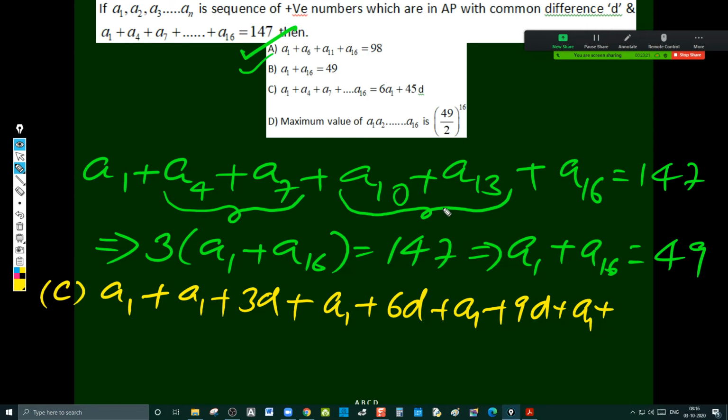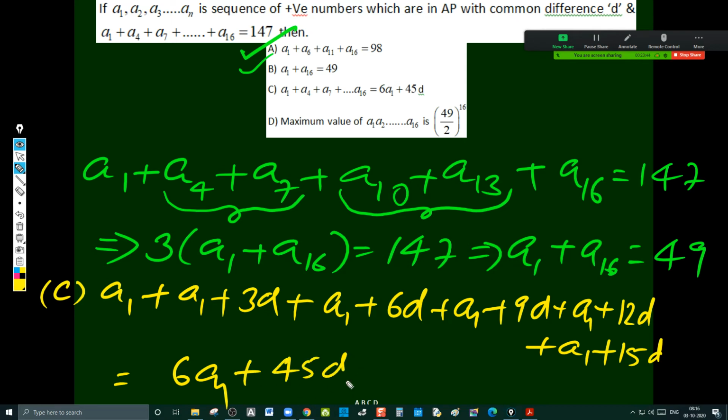A plus 13 minus 1 into D, 12D. A plus 16 minus 1 into D, 15D. This is nothing but 1, 2, 3, 4, 5, 6, six A1s are there, and it is 3D plus 9D, 18D, 30D, 45D. So that is also correct. So C is also correct.